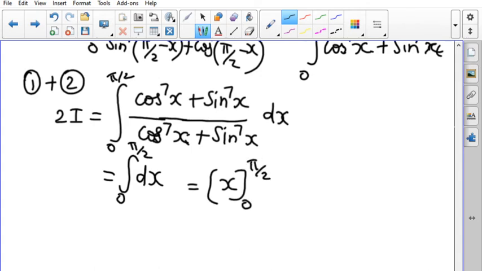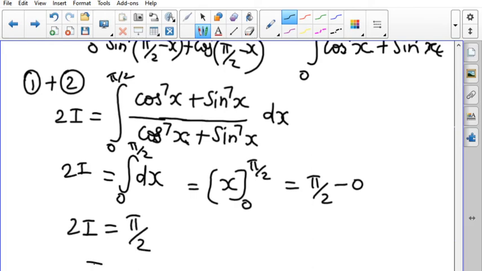Applying the upper limit, we get pi by 2 minus the lower limit, which is 0. So 2I is equal to pi by 2. Then what is I? I is equal to pi by 4. So the value of the given integral is pi by 4.